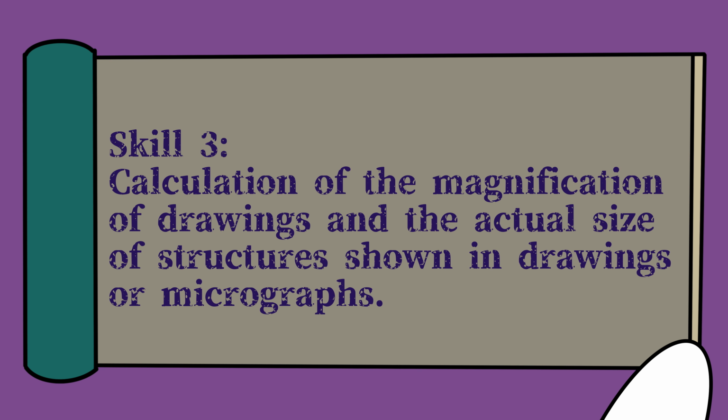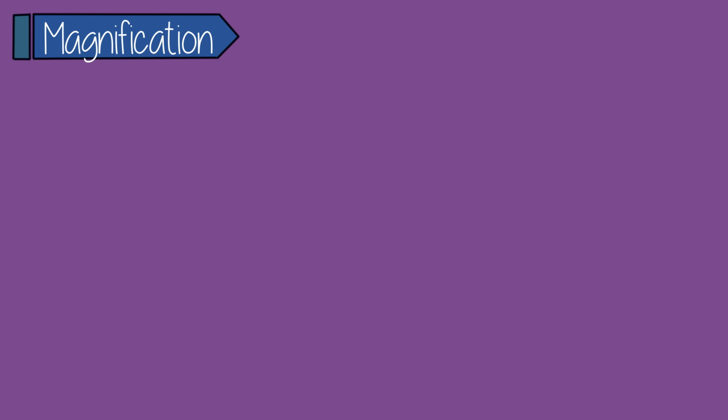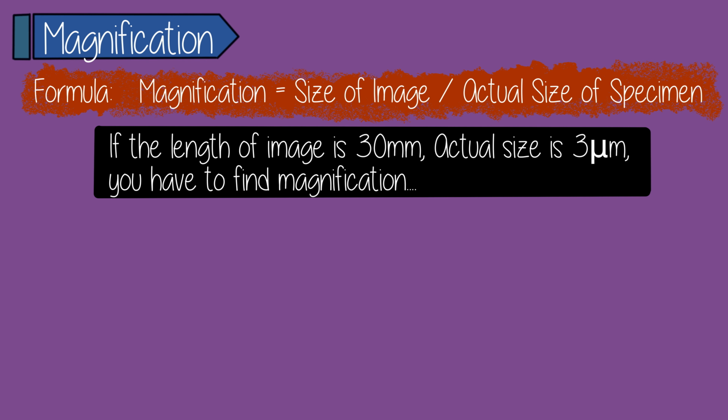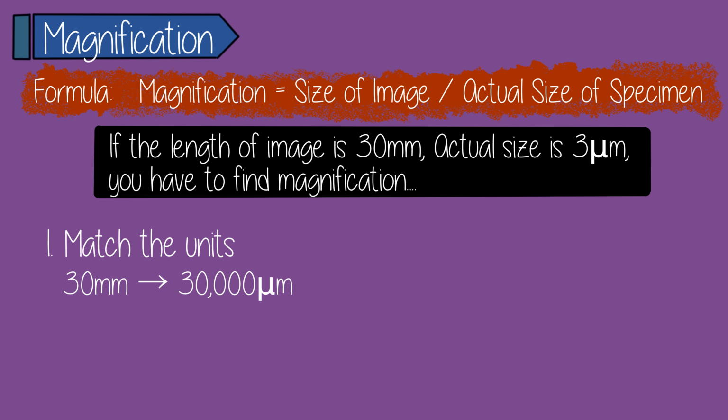Skill 3. Calculation of the magnification of drawings and the actual size of structures shown in drawings or micrographs. In order to calculate, it is important to remember the formula. Magnification equals the size of image divided by the actual size of specimen. For example, if the length of an image is 30 mm and represents a structure that has an actual size of 3 micron, where you have to find the magnification, you first must match the unit. 30 mm is 30,000 micron.